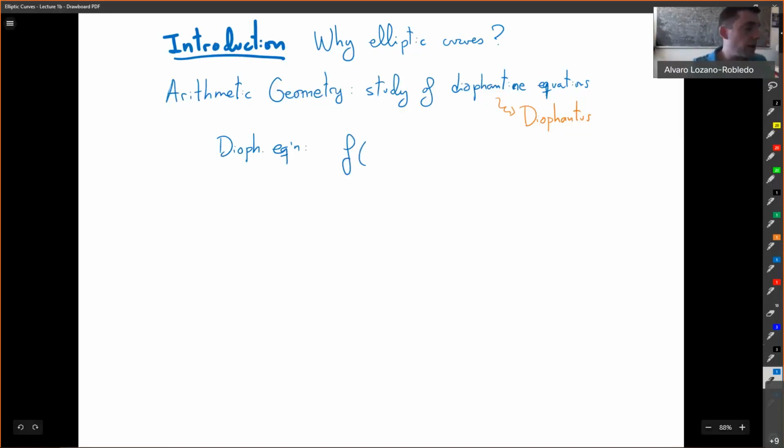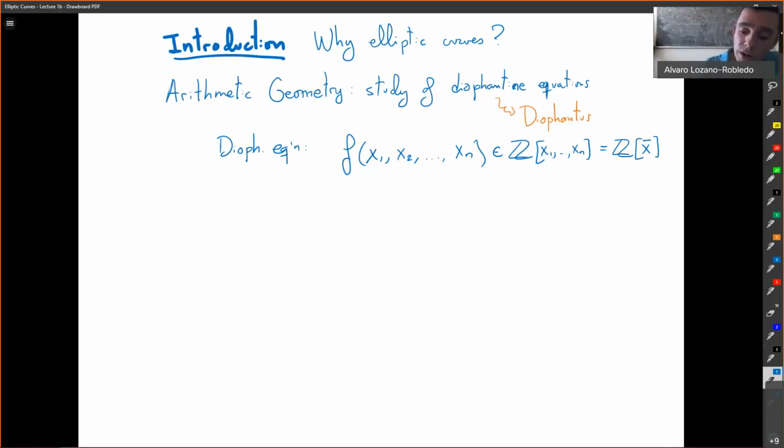You take a polynomial f(x1, x2, ..., xn), some polynomial over the integers in n variables, and I'm going to call x bar all the coordinates. Then we are interested in one equation, f of x equals 0, and we're trying to find all the solutions to such an equation.